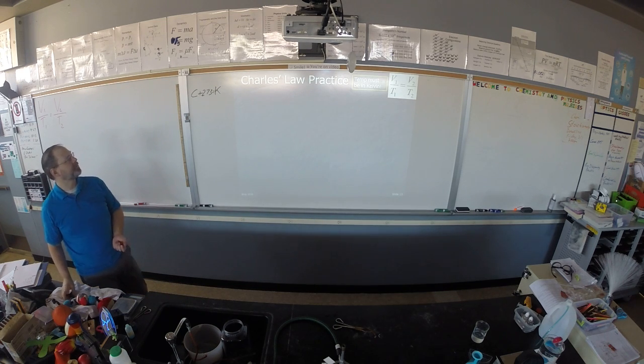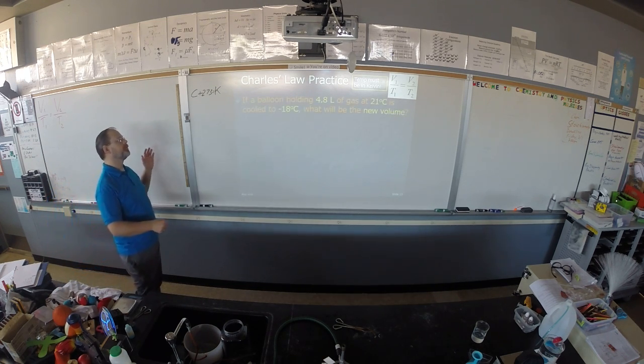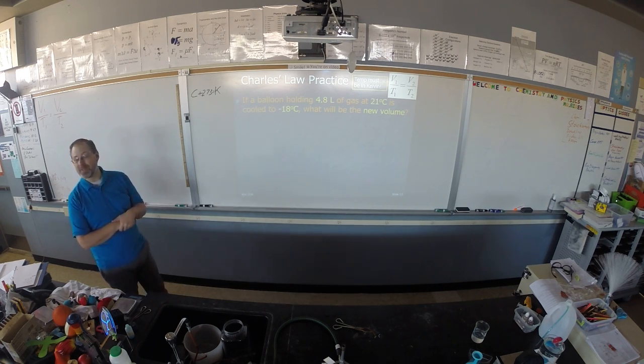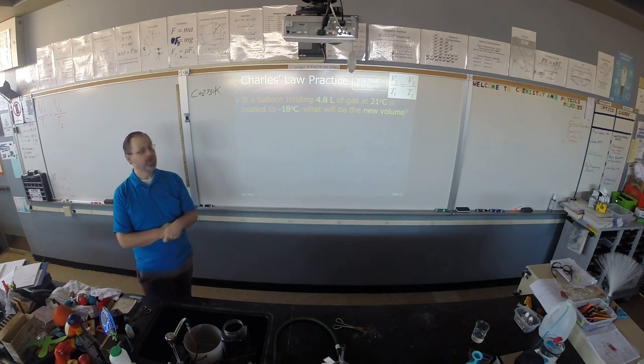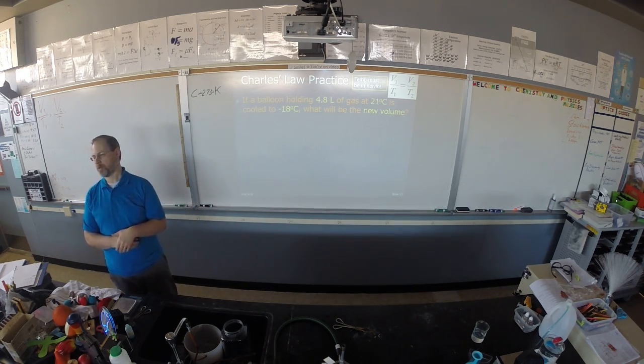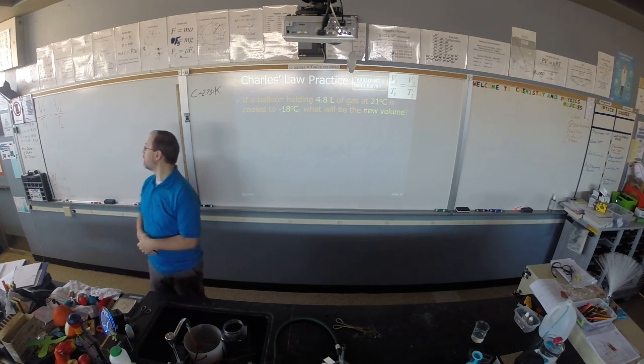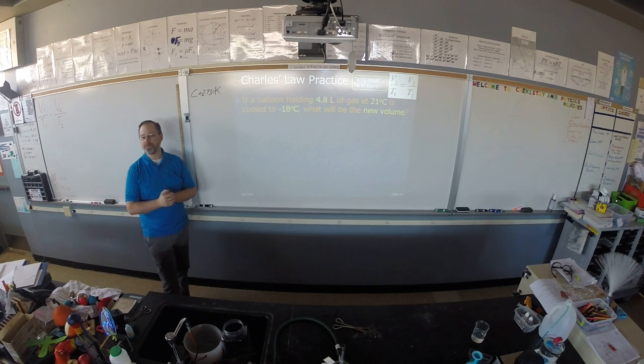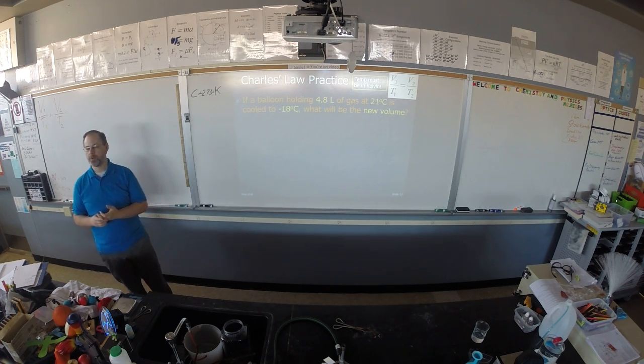So take a look at this first exercise. If a balloon holding 4.8 liters of gas at 21 degrees Celsius is cooled to negative 18 degrees Celsius, what will be the new volume? So using Charles' law, V1 over T1 equals V2 over T2, plug in the numbers and determine what our new volume would be.